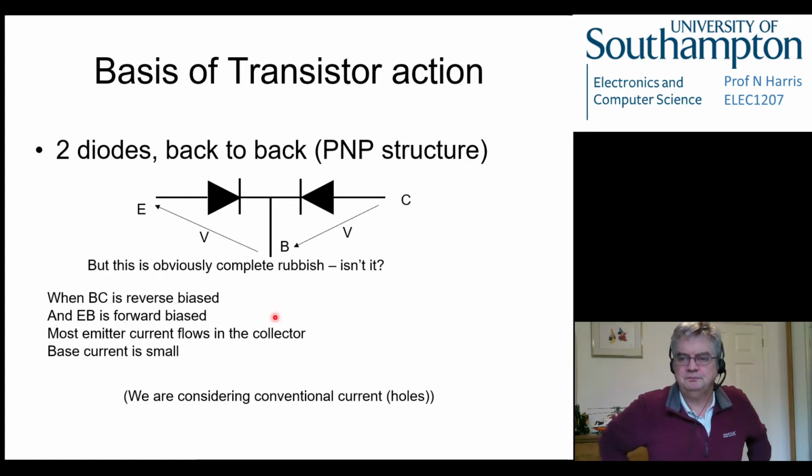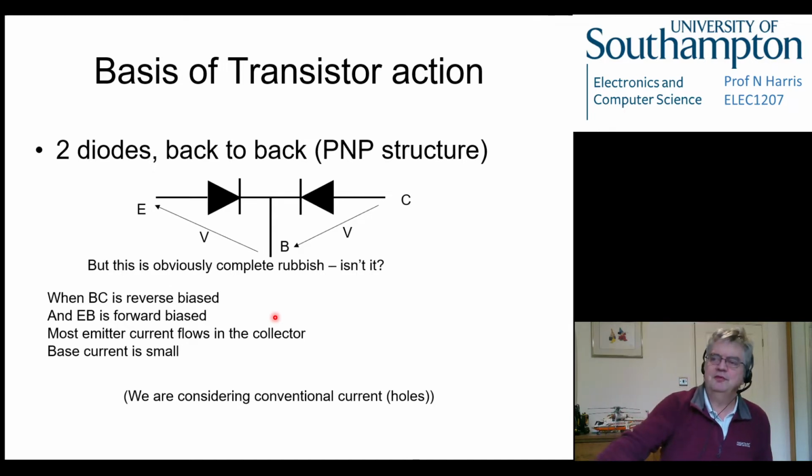So we have to think about this in a little bit more detail, and this is effectively the magic of the transistor: how something that's actually made up of two diodes back to back can allow a significant current to flow through it, because one of these things is the wrong way around.